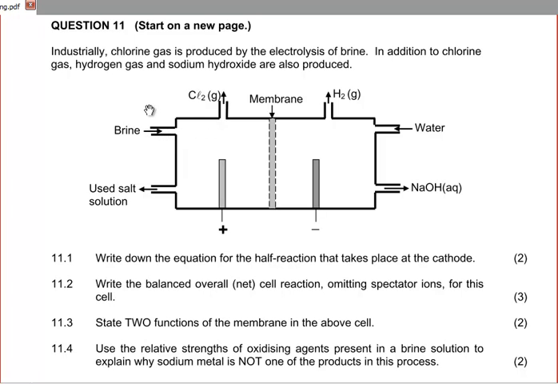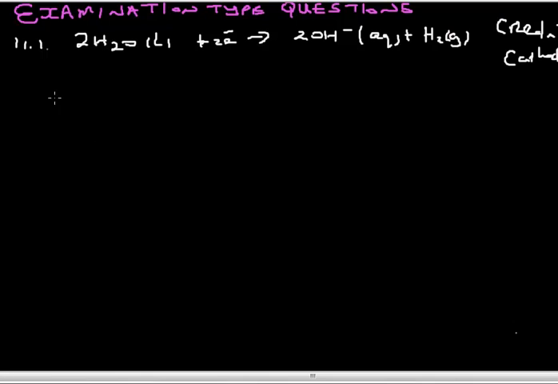So we are having the sodium ions as well as the chloride ions. The chloride ions are produced when we dissolve our sodium chloride in water.